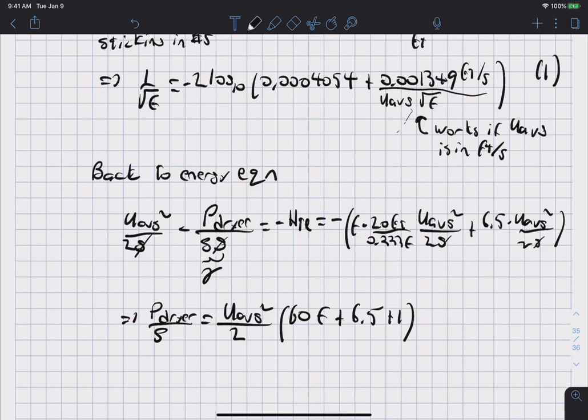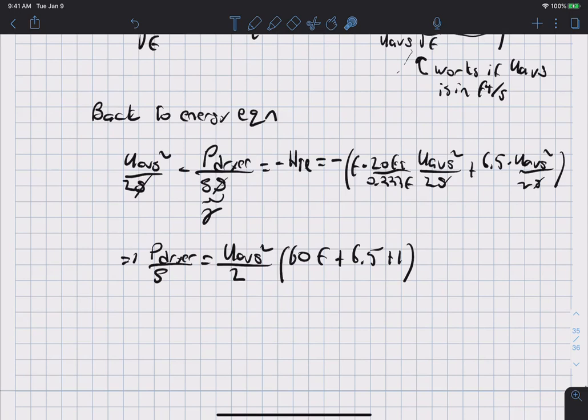I just factored out from these terms a U average squared over 2. And we know that rho equals 0.00221 slugs per cubic foot.